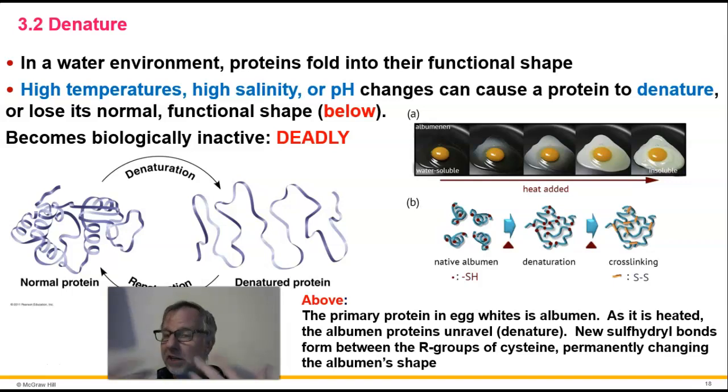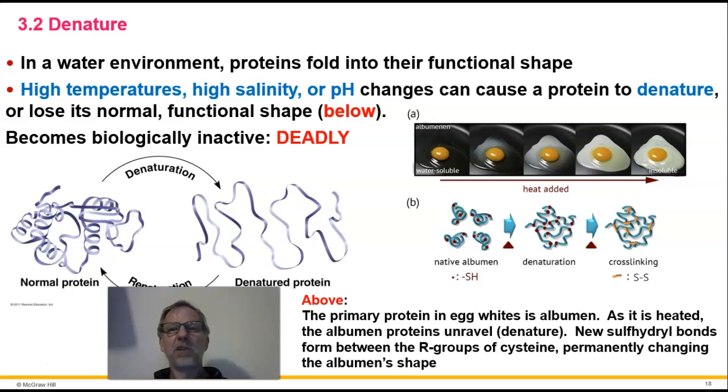And when a protein changes its shape and doesn't work anymore, then it has denatured. There are 3 environmental factors that very commonly can cause a protein to denature: high temperatures, high salinity, salt, or changes in pH.